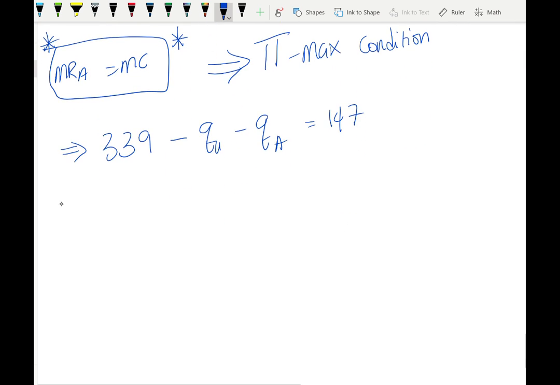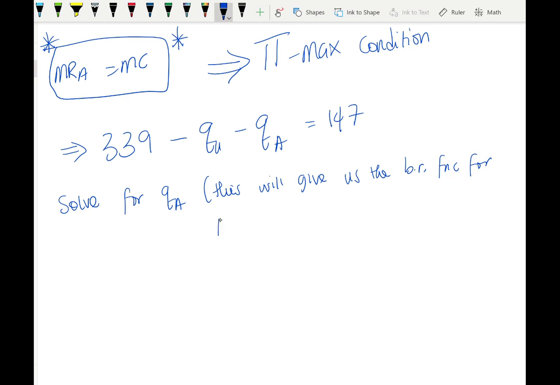What are we solving for? Exactly, we want to see QA, American Airlines' choice. Okay, so solve for QA. This will give us the best response function for American Airlines for any quantity that United chooses.